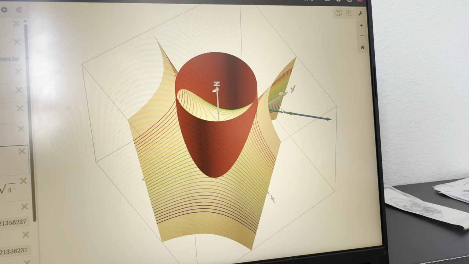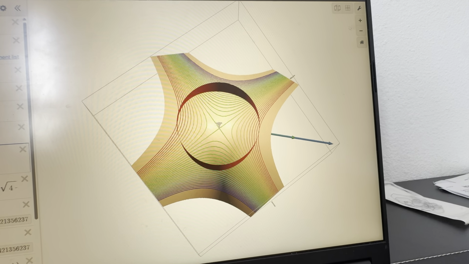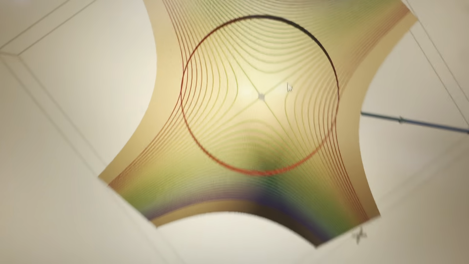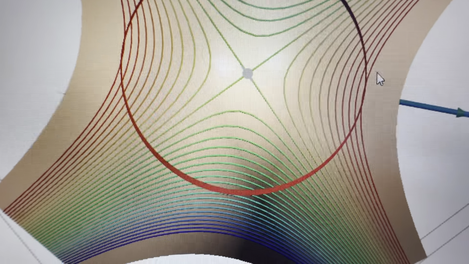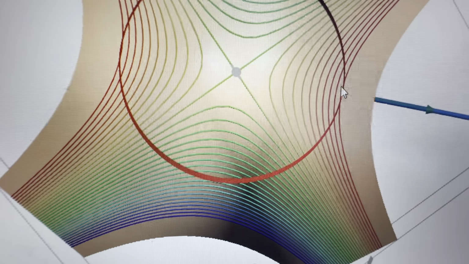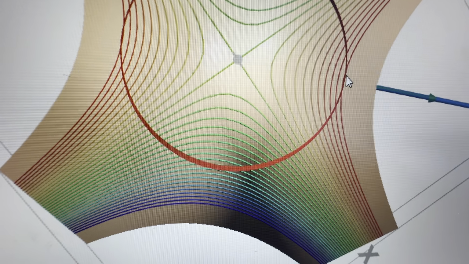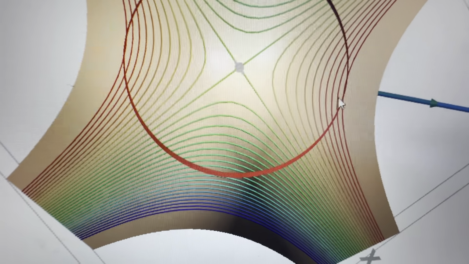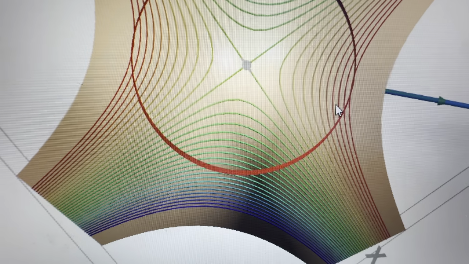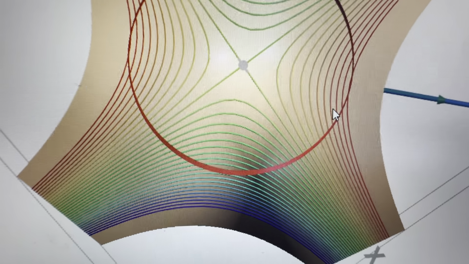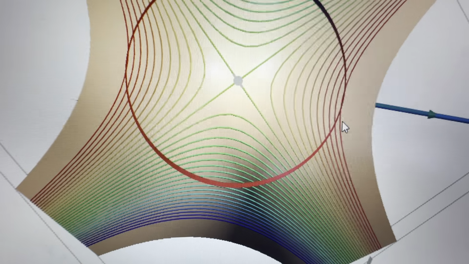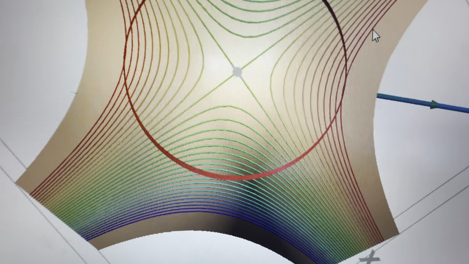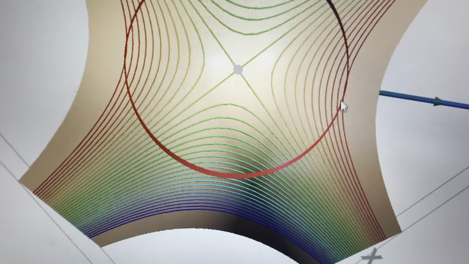Okay, so before we get into these vectors right here, if you look at this from the top, you could see that this contour line right here is like a tangent to our constraint curve, okay? So this level curve of our curve xy plus 1 is tangent to the constraint curve.